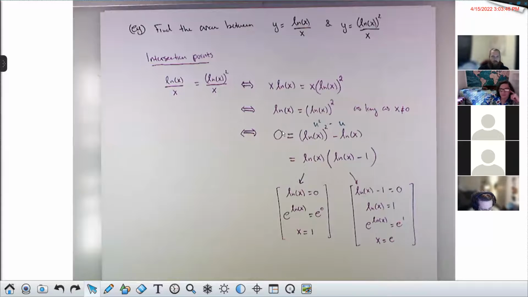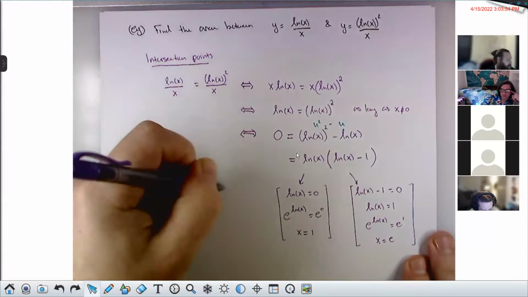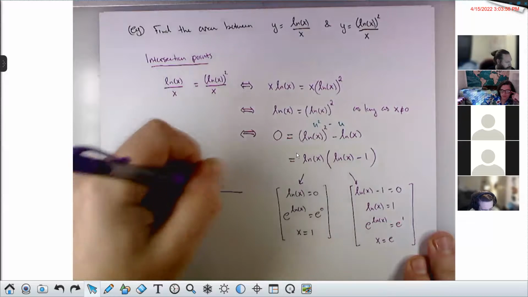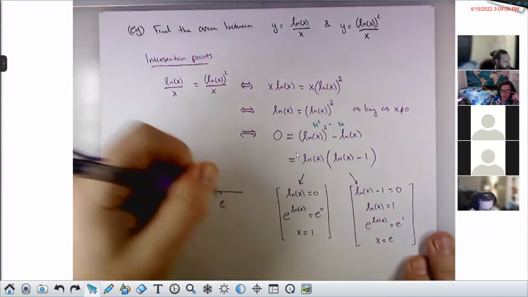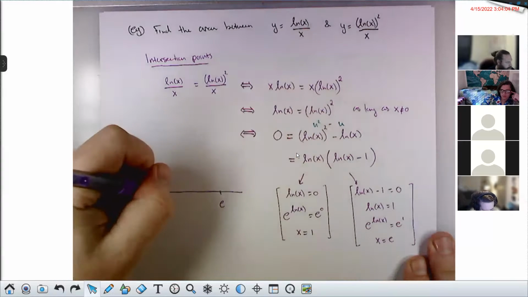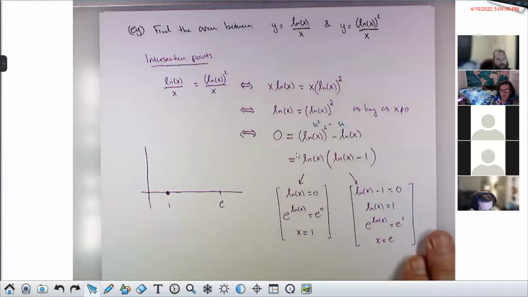Can anybody suggest a way to test? So between 1 and e, let me just draw a rough graph here. If we plug in 1, then this is going to be 0 over 1, which is 0, and so will the other one. So they intersect here at the point (1, 0).